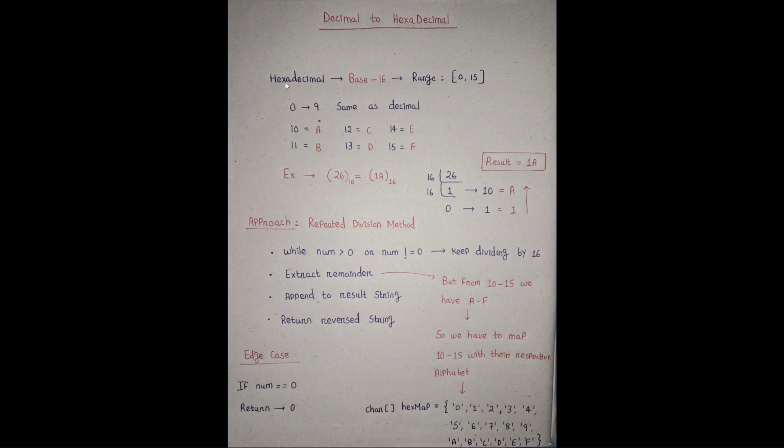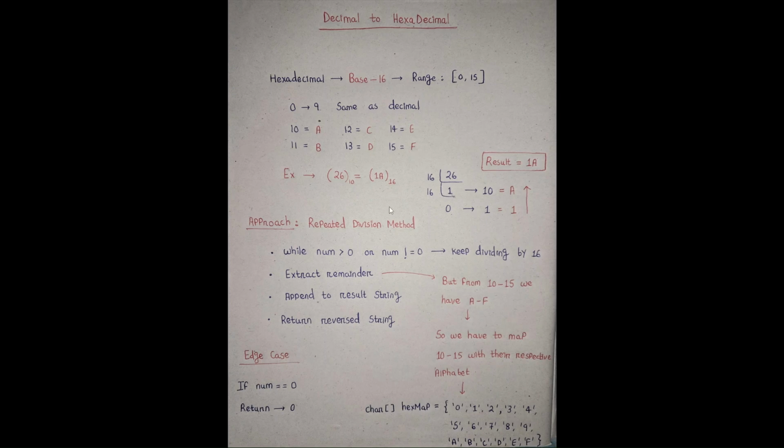From 0 to 9, we have normal numbers, the same as the decimal number system. But from 10 till 15, we have characters like A, B, C, D, E, F to store the corresponding values. That's why we are able to accommodate a large range of input numbers.